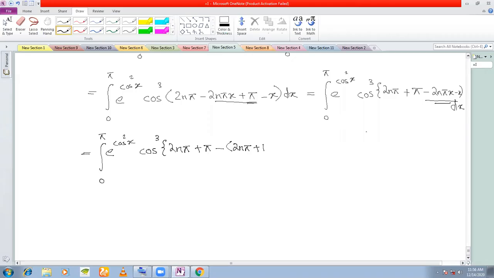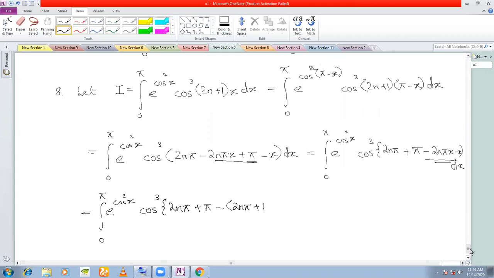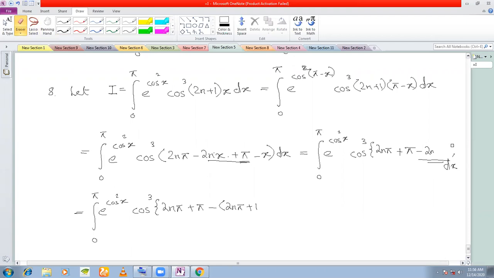Is my multiplication correct? Let me just check. 2n pi minus 2n x, there should not be a pi here, it's just 2n x if you multiply, minus x.